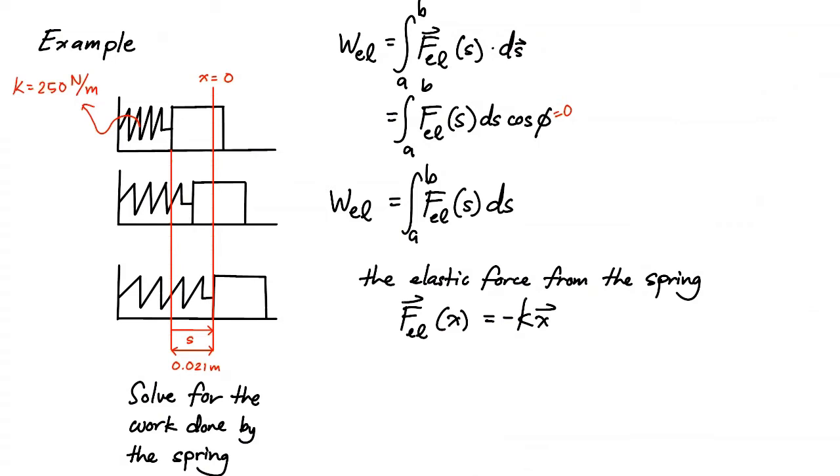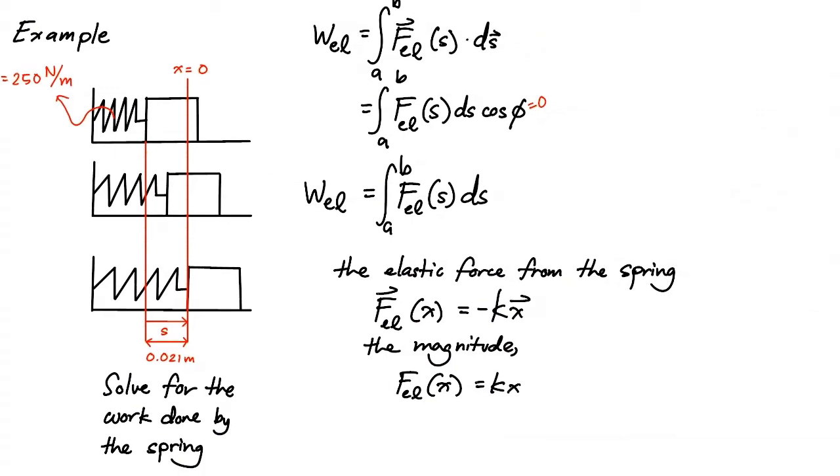So if this is the value of the elastic force by the spring, then the magnitude nung elastic force is k times x. So again, hindi natin tinake yung negative kasi this negative will only affect the direction. Tapos for this case, we are only interested doon sa magnitude nung elastic force. So we will plug this magnitude doon sa ating equation mamaya.